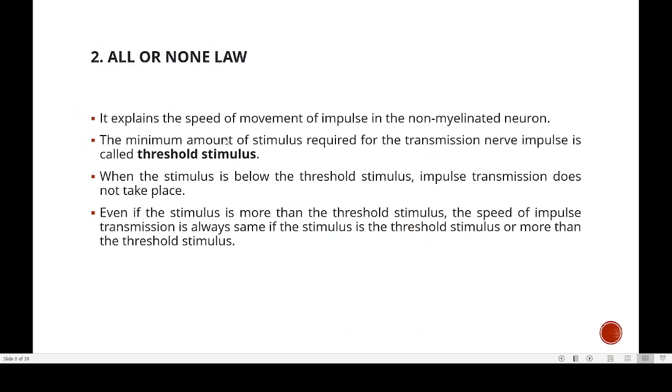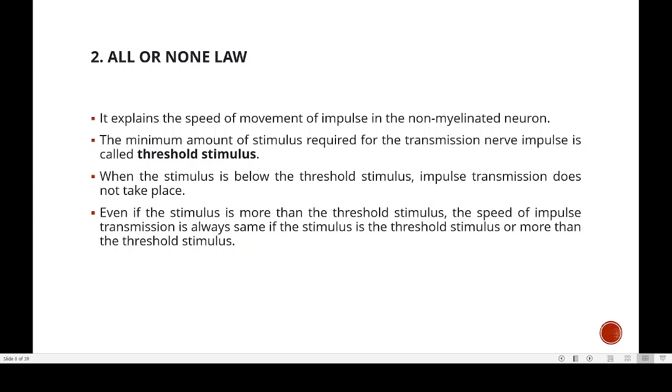Now, there is another idea, that is the all or none law. According to the all or none law, a minimum amount of stimulus is required for nerve impulse transmission. Only if this minimum intensity is there, the impulse transmission will be taking place. That minimum intensity is known as threshold stimulus. If the intensity of the stimulus is below the threshold, there will not be any production of action potential.